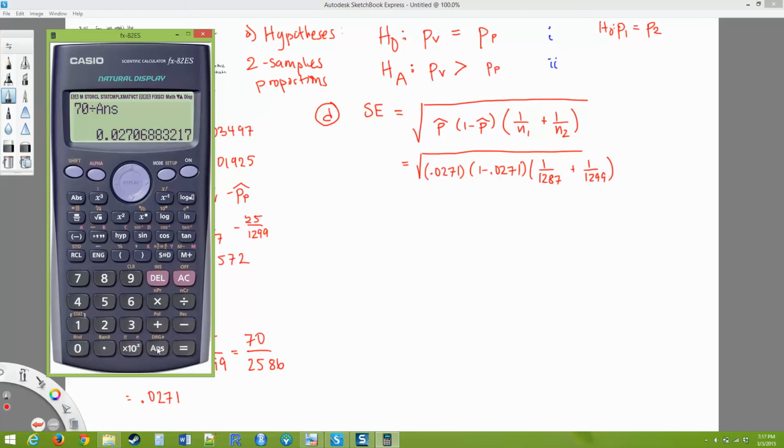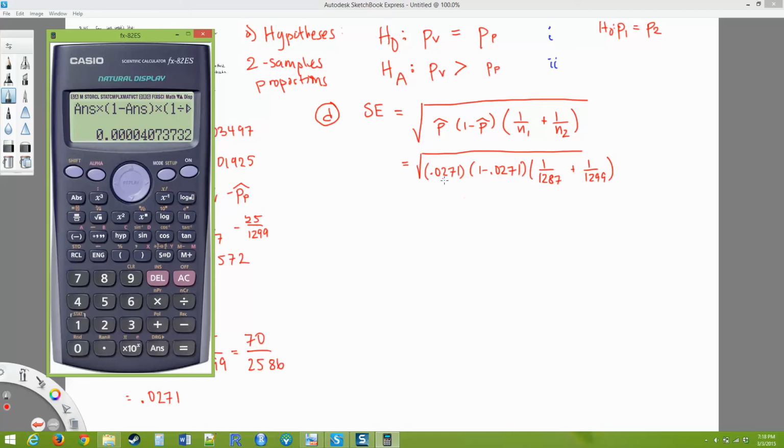So I'm going to do answer times parentheses 1 minus the answer, because whenever I put in answer, I've got that number, times 1 over 1287 plus 1 over 1299. Then I hit enter.